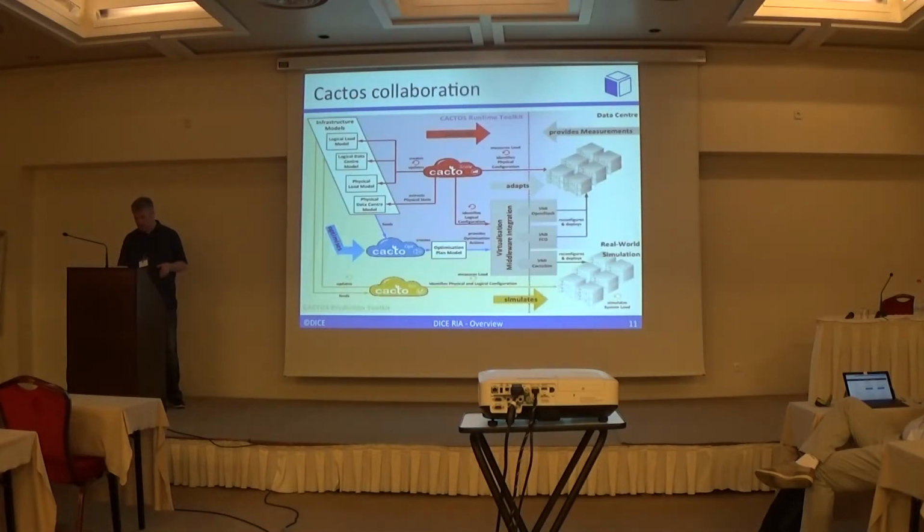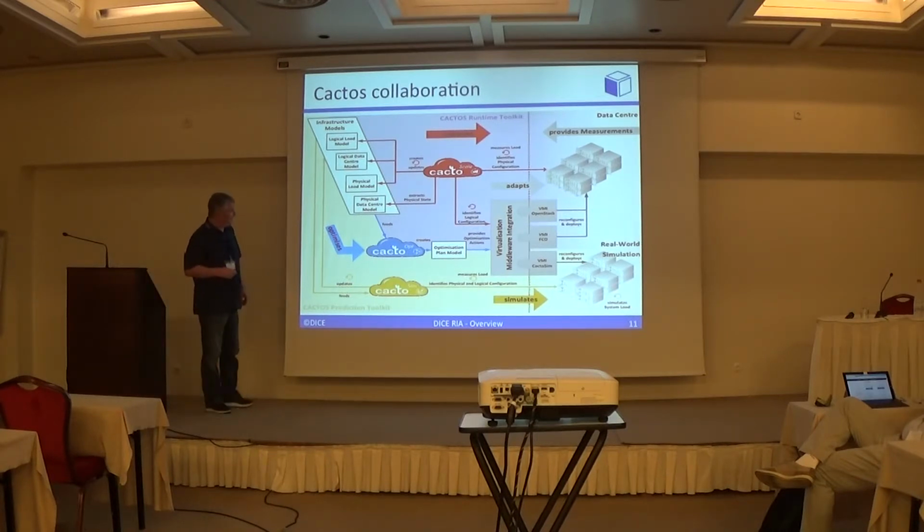And other than the DICE project, another area that we've expanded the fault injection tool out to is the CATTOS project. The CATTOS project is a relatively simple project. I think it's simpler than this diagram identifies, but we have a cloud platform up in the right there with a tool called CATTOScale that takes in lots of metrics from the cloud platform at various levels.